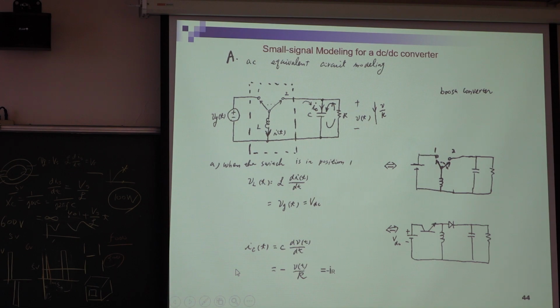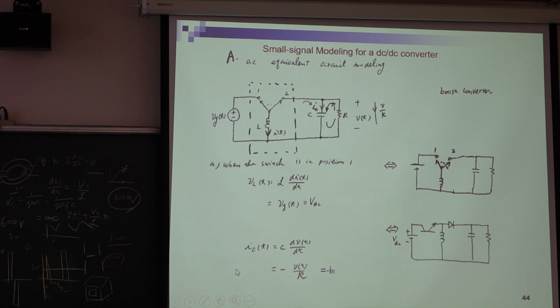So if you have an inductor, what is the mathematical model? Ls. If you have a capacitor, what is the mathematical model? Cs, right? If you have a transformer, then what is your mathematical model of the transformer?